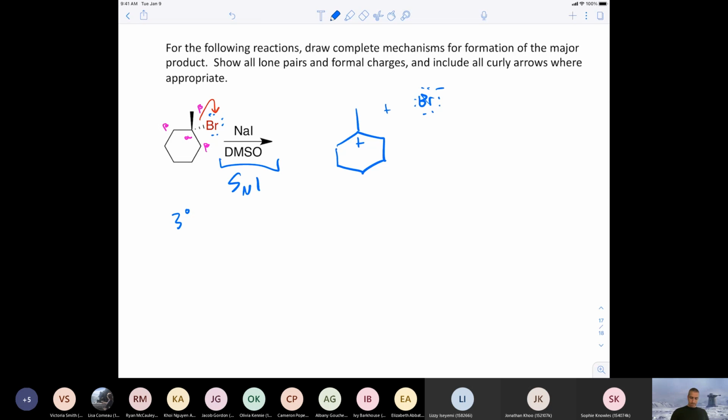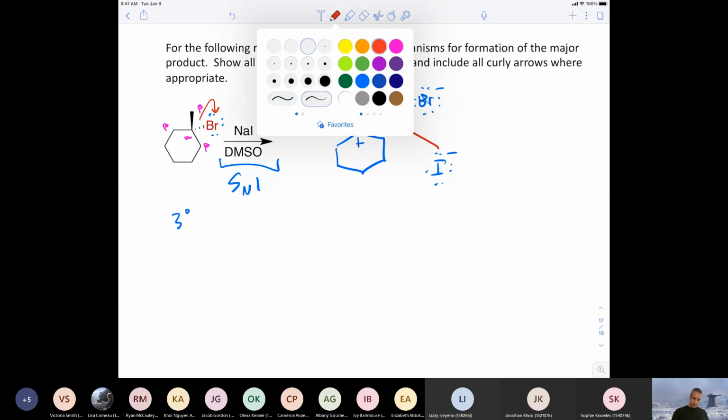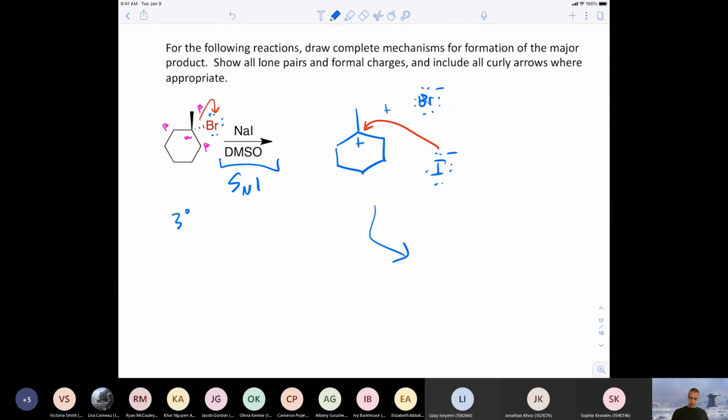And then we have iodide, it can now... I don't like that. I want red. And that's it. Two steps.